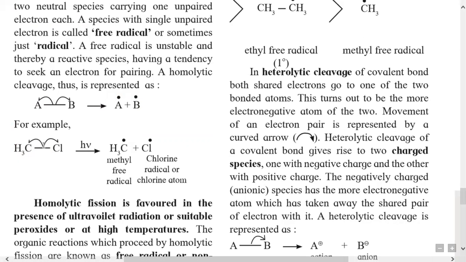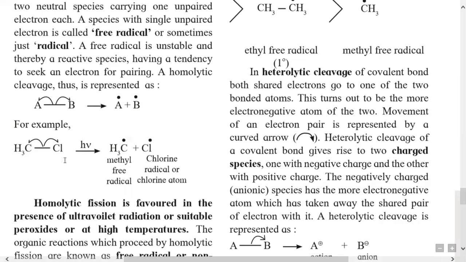Here the two half-headed curved arrows are shown, one going towards carbon and the other towards chlorine. And we get H3C radical, called the methyl free radical, and the other is Cl dot, called the chlorine free radical, or chlorine atom with an unpaired electron. This is the example of homolytic fission.